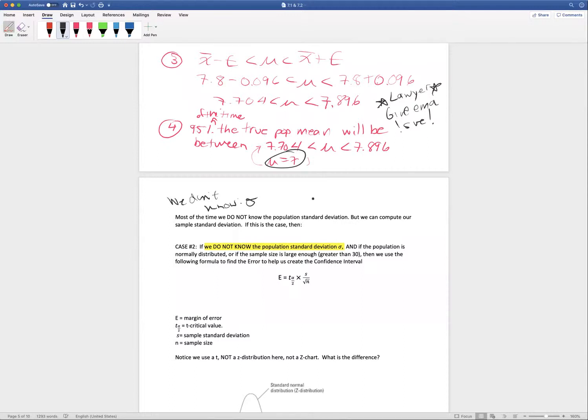But once we have a sample, we can figure out what S is. Finding the sample standard deviation isn't too bad, so we can find it.